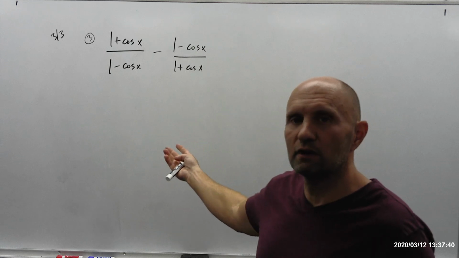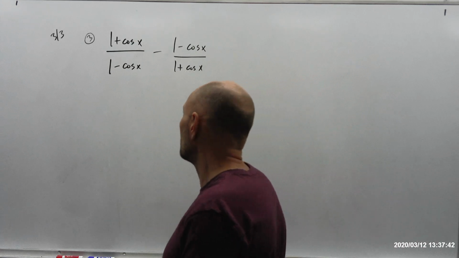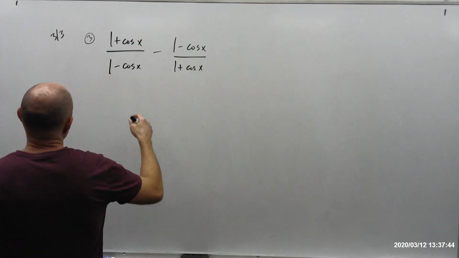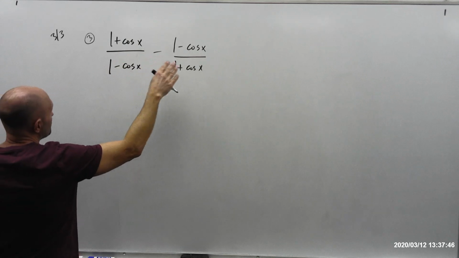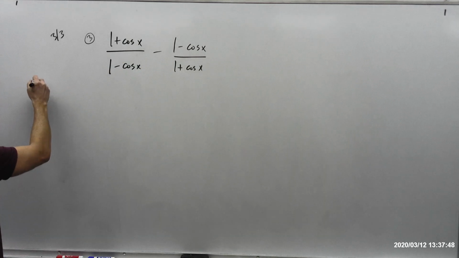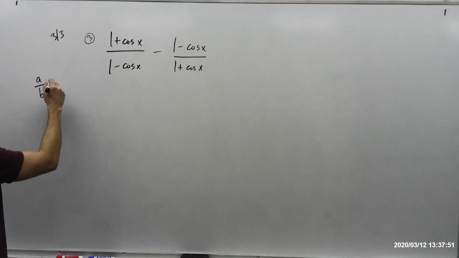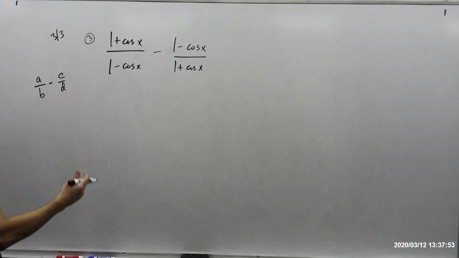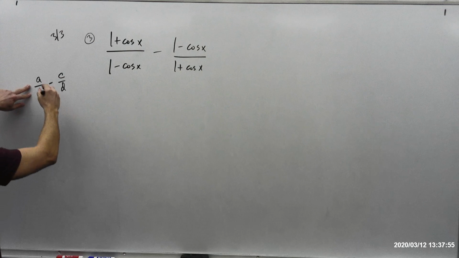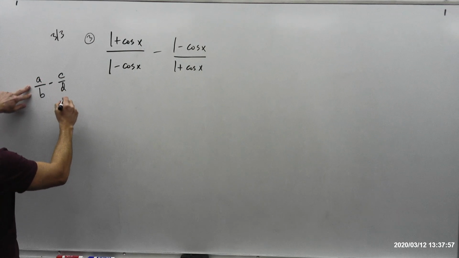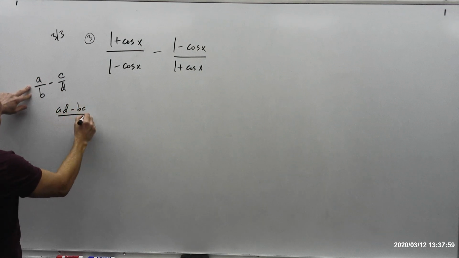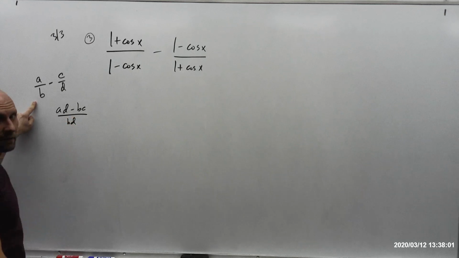So what do we have here? We have 2 terms, so we're going to combine it into one term. It's one fraction minus another. If you remember the shortcut for fractions, a over b minus c over d is the same as a times d minus b times c over b times d.